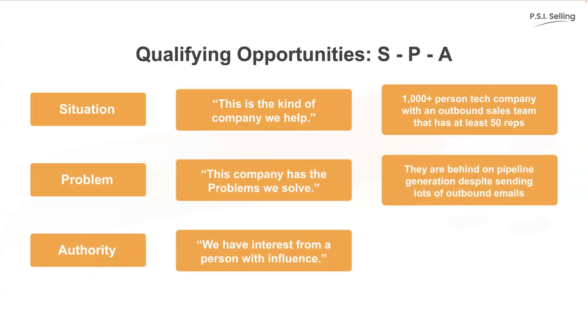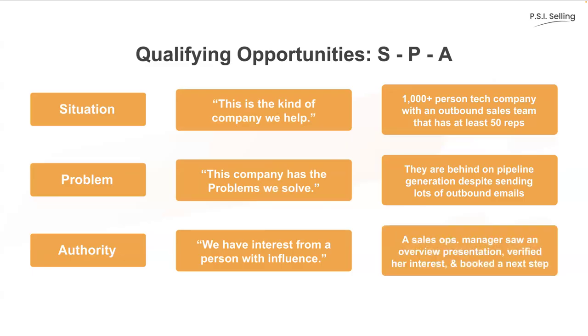And so you should define the various personas of people that have the right type of influence and are in the right part of the organization to help you move something forward, and also the level of interest they need to exhibit. So here we're saying, we've got to be talking at least to a sales ops manager. We've got to verify their interest, and specifically, they've got to book a specific next step.